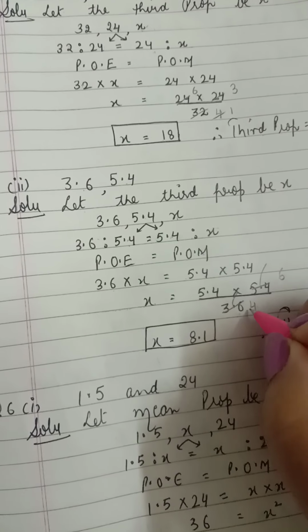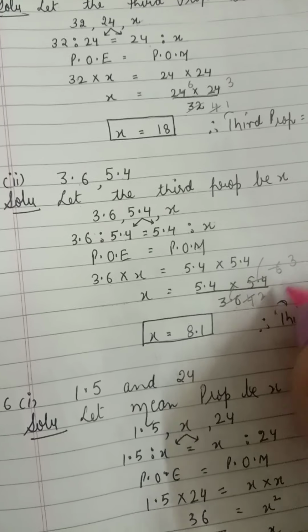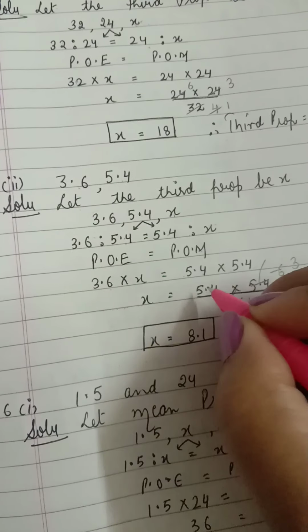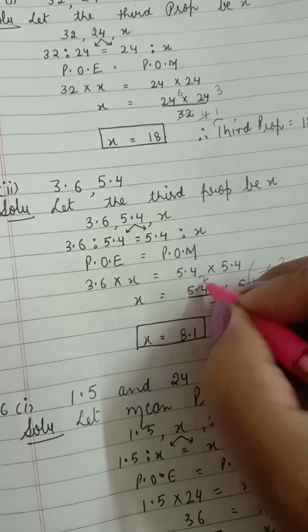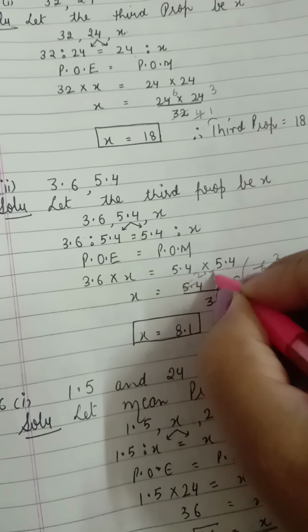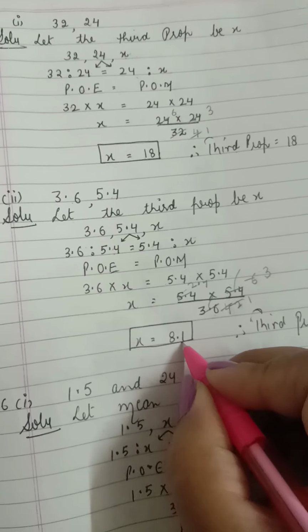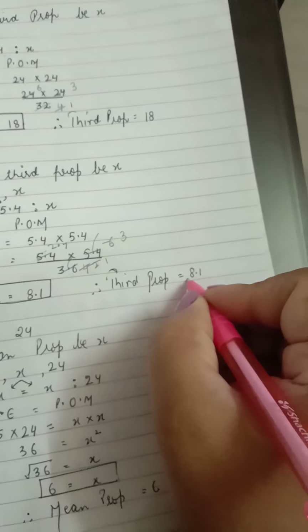Now either you directly cut with 4 or 2. 2 2s are 4 and 2 3s are 6. 2 1s are 2 and 2 2s are 4. Now 2.7 multiplied by 3 is equal to 8.1. Therefore, the third proportion is equal to 8.1.